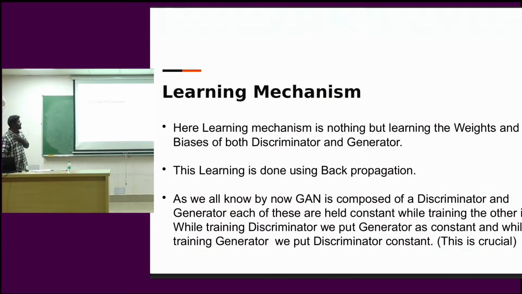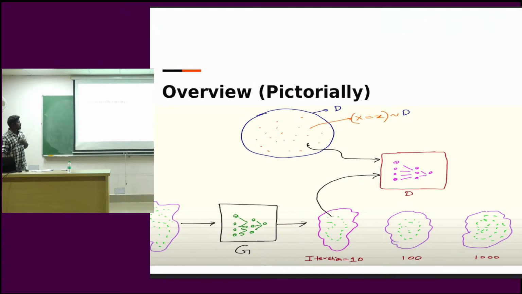Okay, I'll come to this. This is an overview of what happens during the training. This is the generator, this is the discriminator, and these are the samples which follow some distribution. This shows the output of the generator at each iteration.